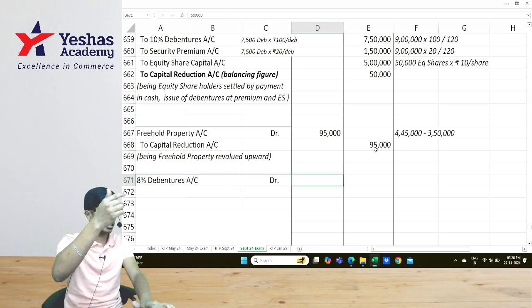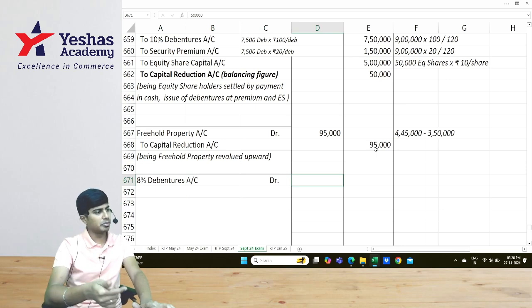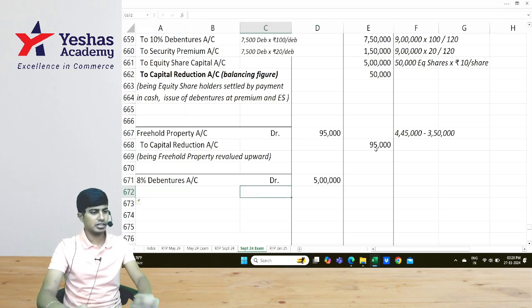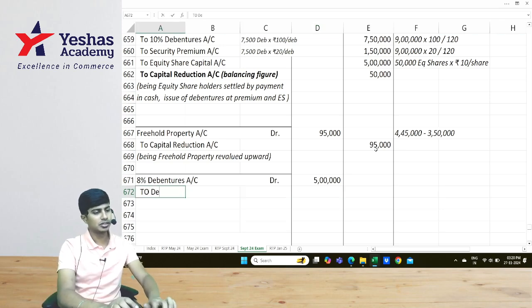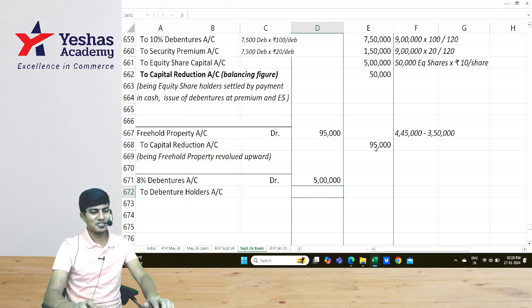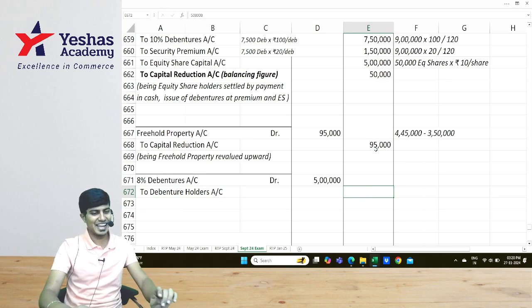If you want, you can write 8% debentures to debenture holders, then debenture holders to freehold property. Yeah, we can do that. To debenture holders account, 5 lakh.